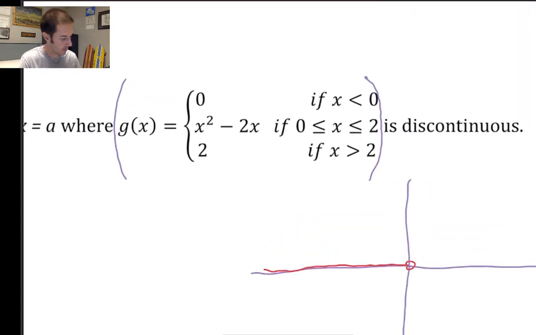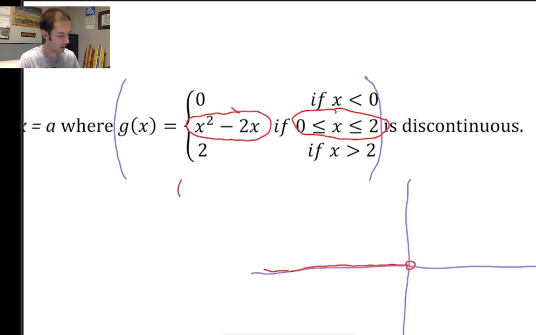If we plug in a 0 into our function over here, then we would need to use this piece right here, because the right-hand side of what I just circled tells us to use the x squared minus 2x because we're plugging in an x value of 0. Plug in an x value of 0 and you get 0 squared minus 2 times 0, that's equal to 0.